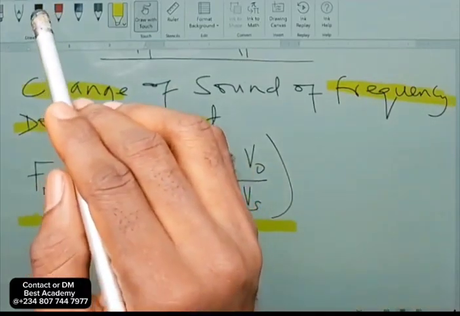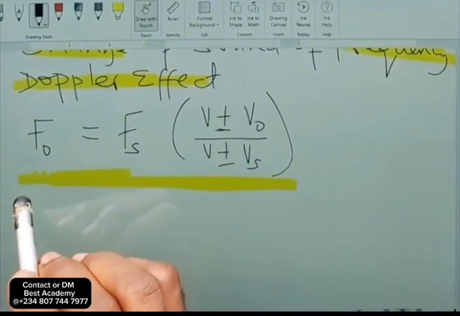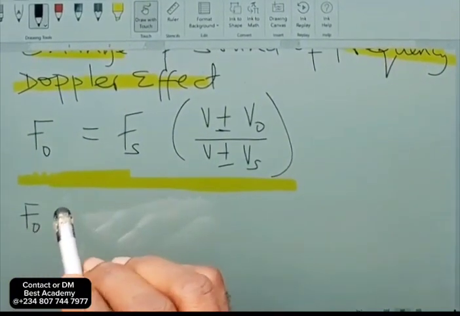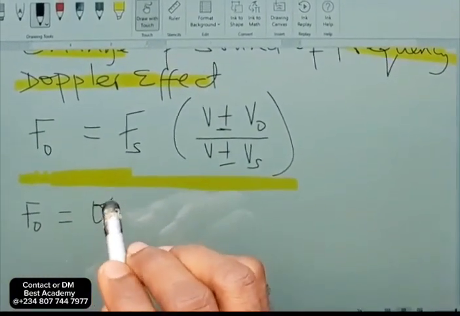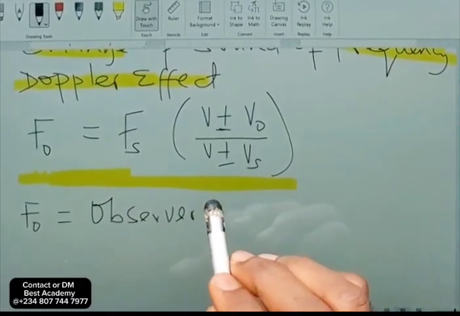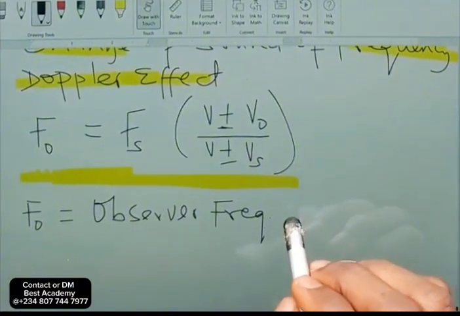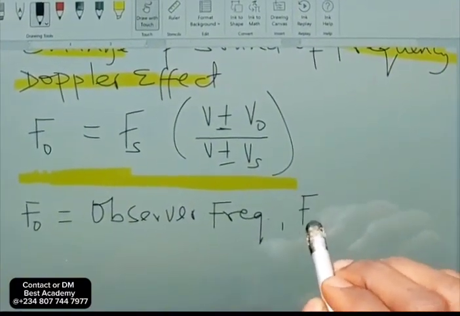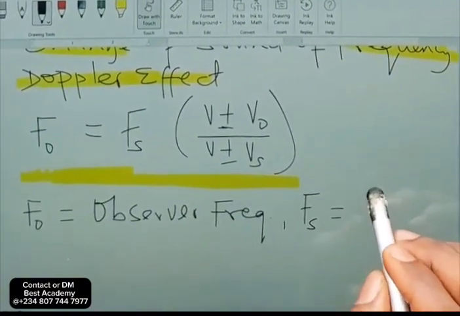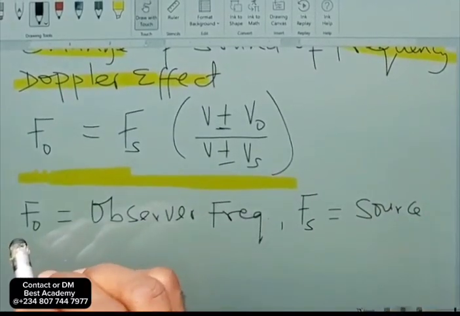So class, the f naught here is said to be the observer frequency. Please take note. The fs is said to be the source frequency.